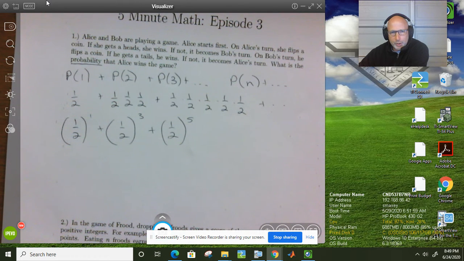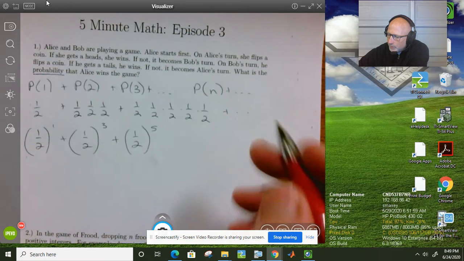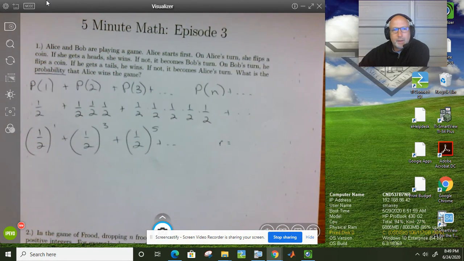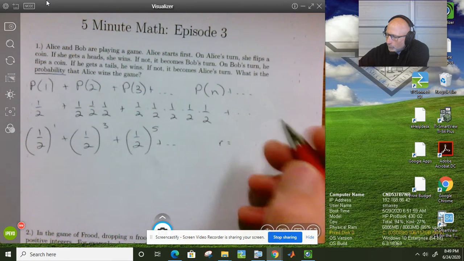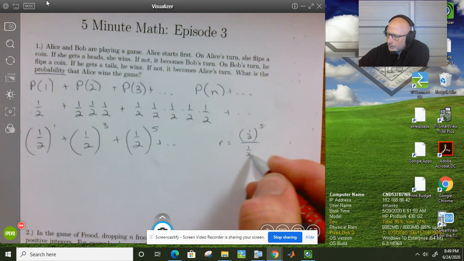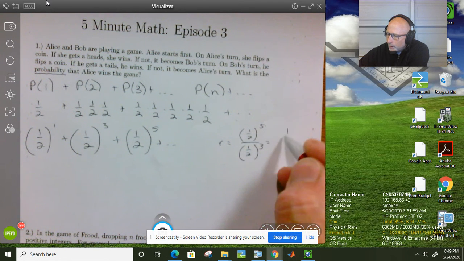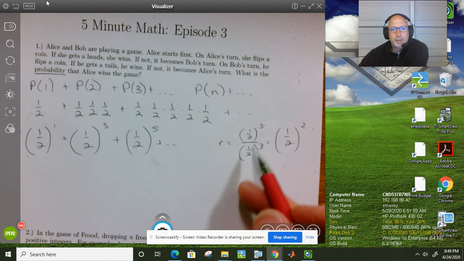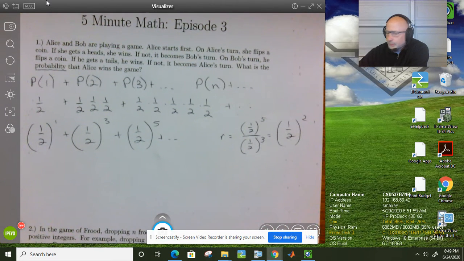If you forget how to find the common ratio, you take any term in that sequence and divide it by the prior one. So I'm going to take 1/2 to the power of 5 divided by 1/2 to the power of 3. That's equal to 1/2 squared. If you don't see that, you can do out the math there. So that is the common ratio.